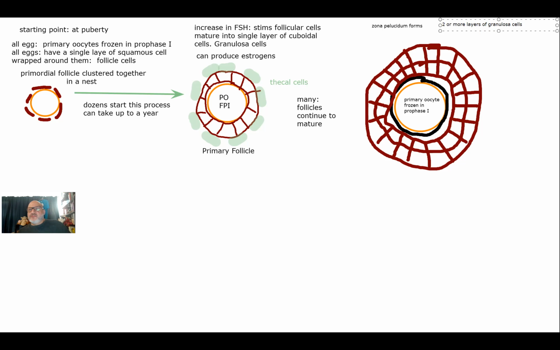And at this stage, we now call it a secondary follicle. Oh, and of course, let's not forget our thecal cell layer on the outer surface as well.